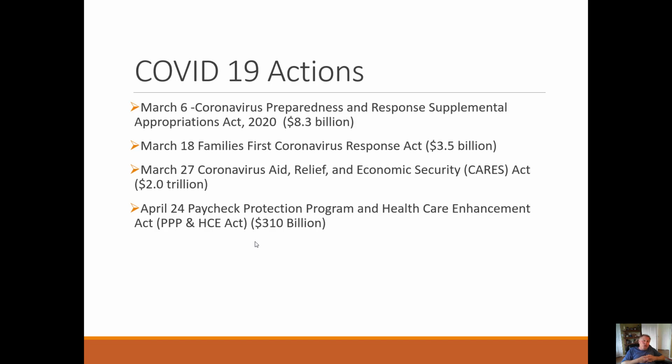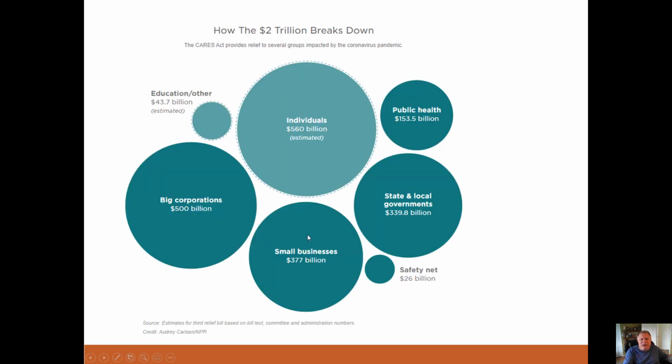That was $2 trillion. April 24th, the Paycheck Protection Program and Healthcare Enhancement Act put another $310 million in. There are now a number of other smaller programs, and now they're debating whether there should be another action to help. How does that $2 trillion break down?